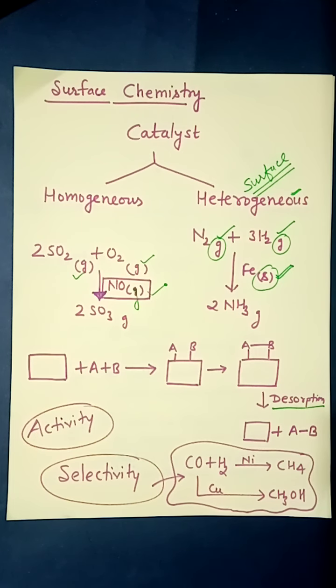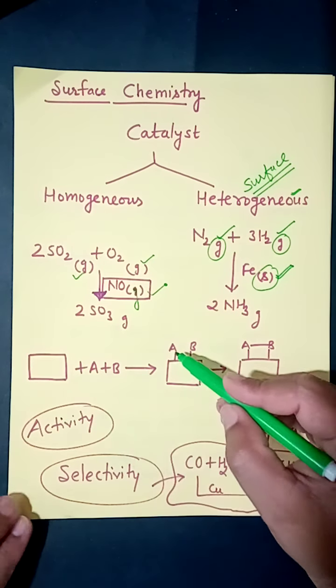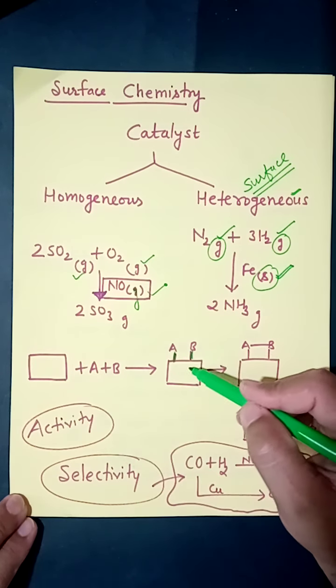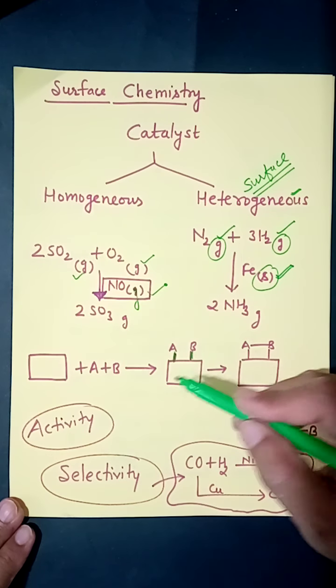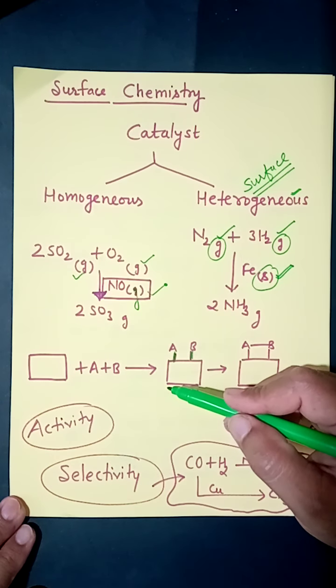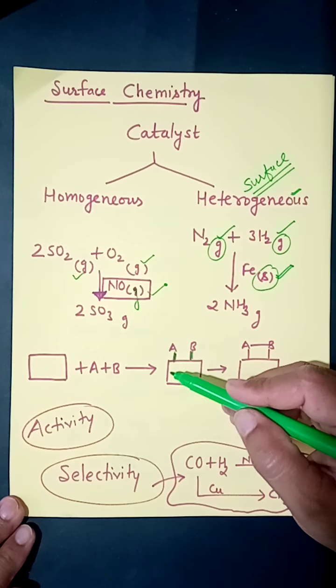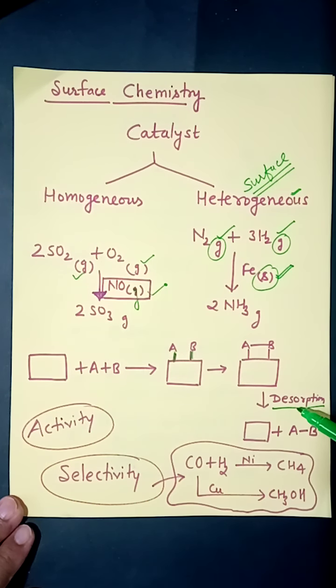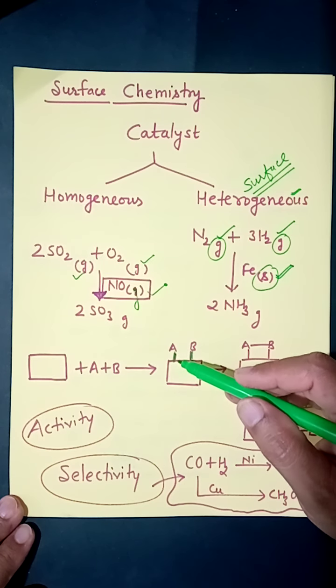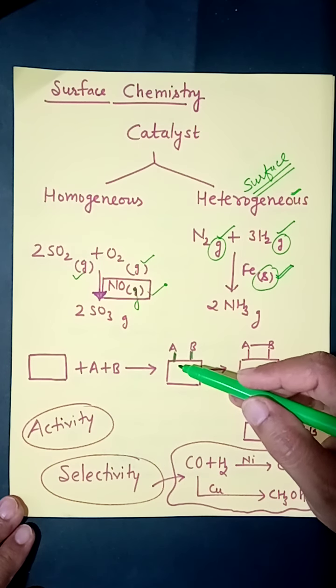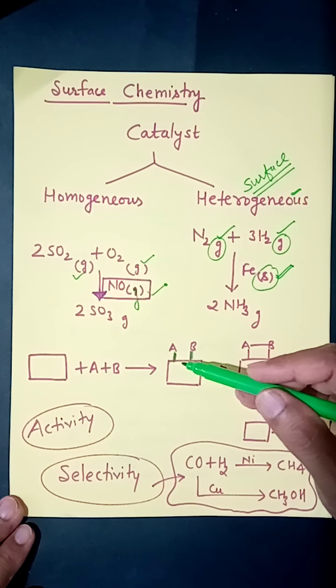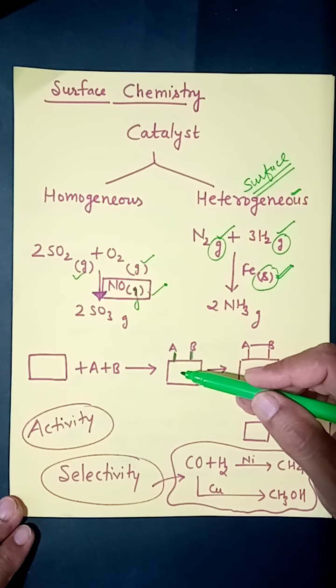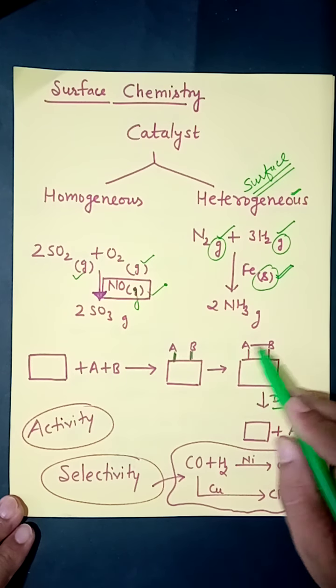Another point is, should this adsorption of reactant be very strong or very weak? Then the answer is it should be of moderate strength, because if the adsorption is very strong then desorption is not possible, and if the adsorption is very weak it may be possible that both A and B can leave the surface of catalyst without reacting with each other.